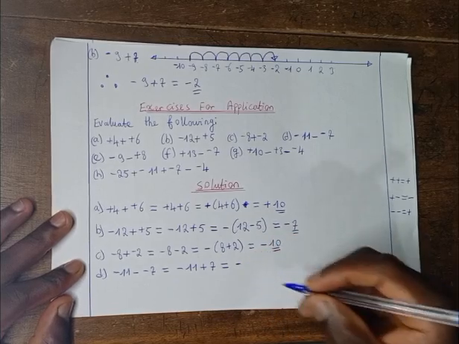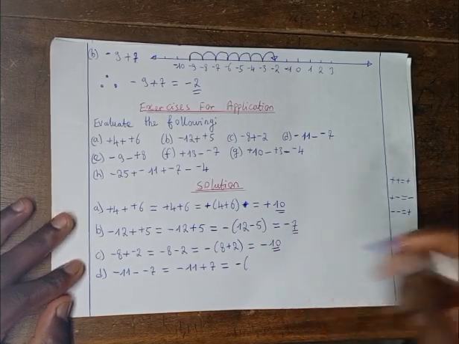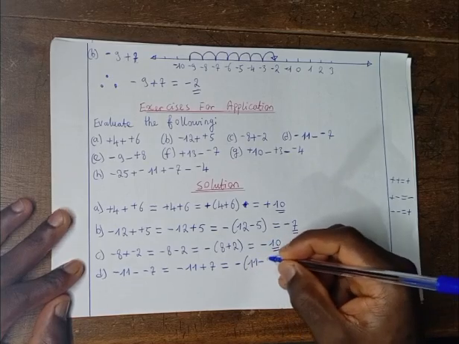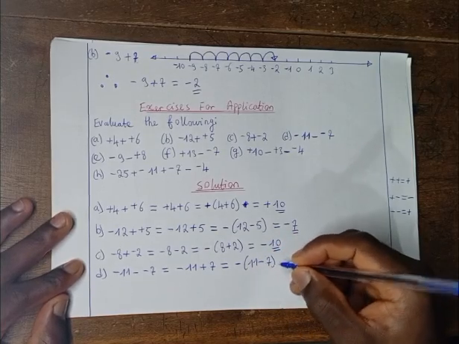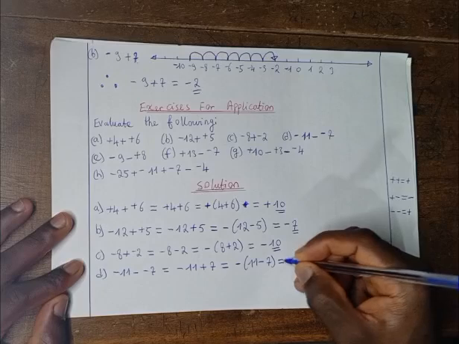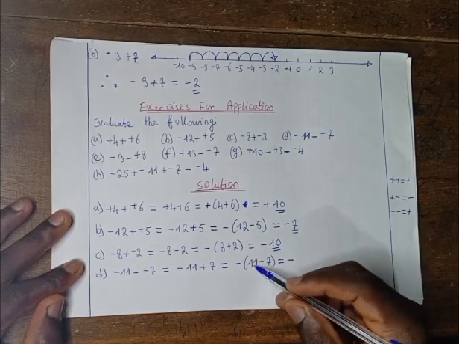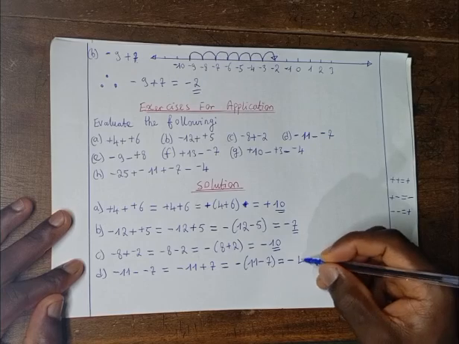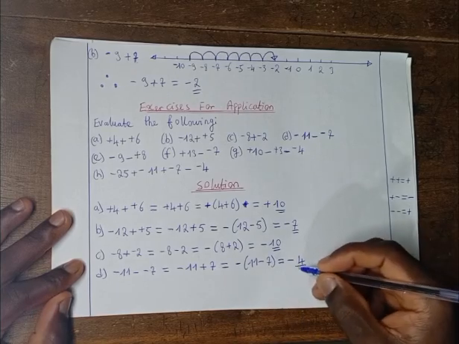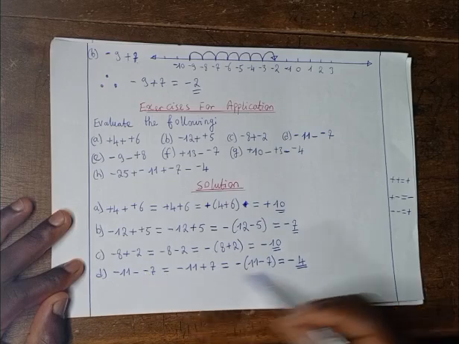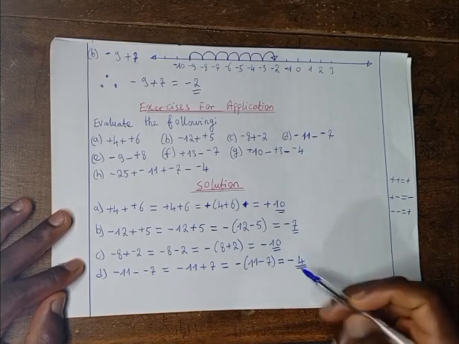So we are going to write out the negative sign. Then we subtract the smaller number from the larger number. So 11 minus 7 gives us 4, with the negative sign in front. Therefore, negative 11 minus negative 7 is equal to negative 4.